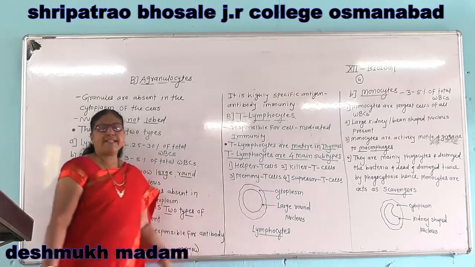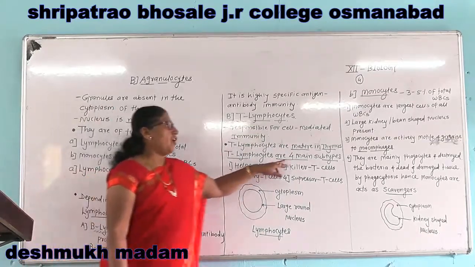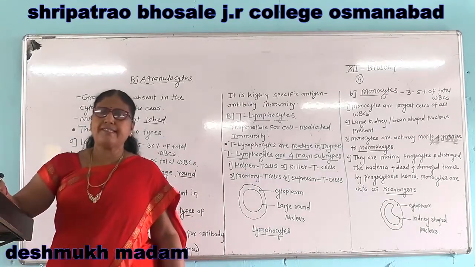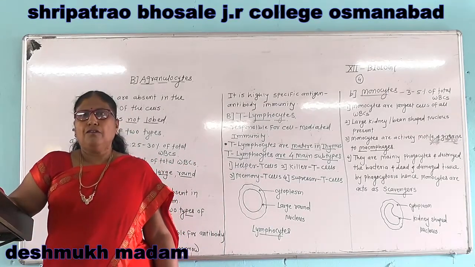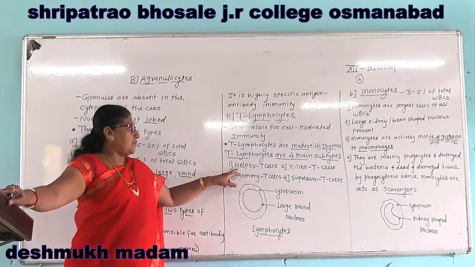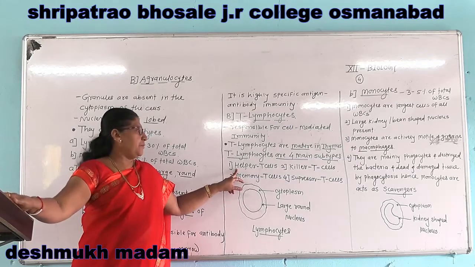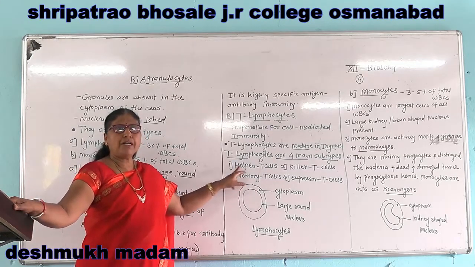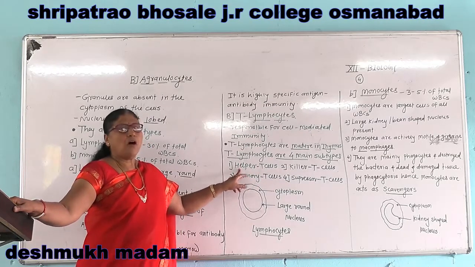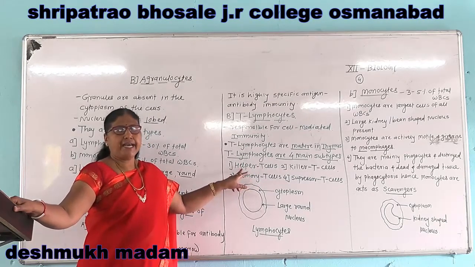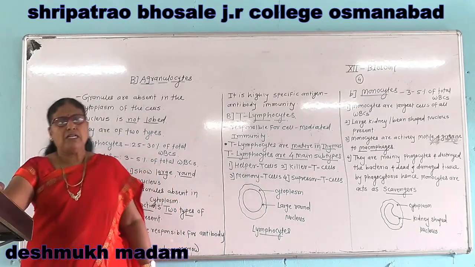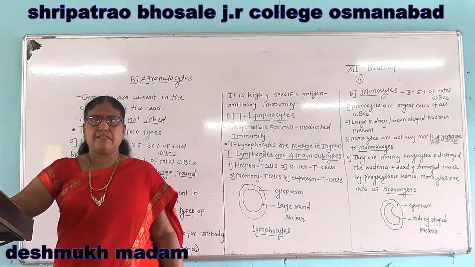T lymphocyte cells have four main subtypes. The first subtype is the helper T cells. The second type is the killer T cells.